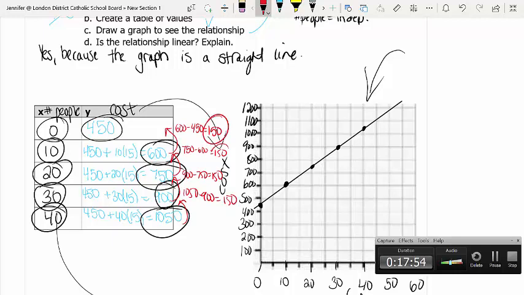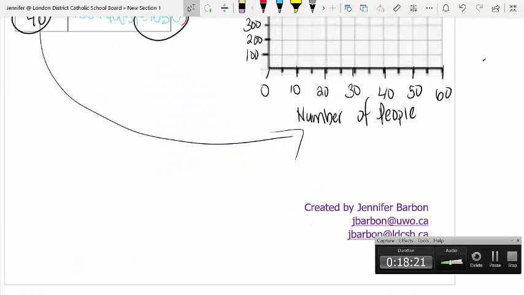Because our first differences were all the same, they were all 150, we know it is also linear. So yes, because the graph is a straight line and all the first differences were the same. In summary, when you're given a table of values, you know how to calculate the first differences, and you know that if all the first differences are the same, it's a linear relation.